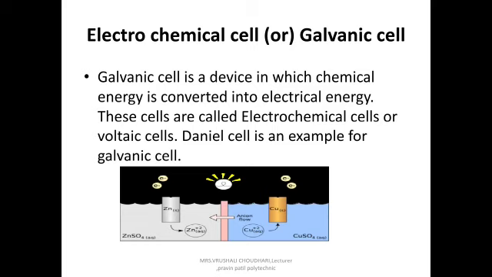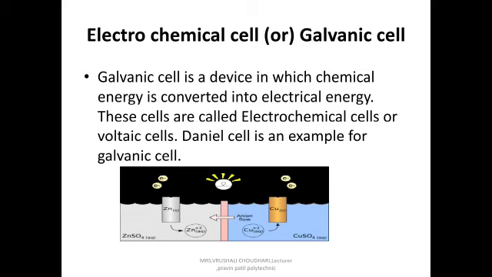Today we are going to learn that a galvanic cell is a device in which chemical energy is converted to electrical energy. Daniell cell is an example of a galvanic cell. This is a basic cell which we create in a laboratory to convert chemical energy into electrical energy, that we already learned in the first semester.